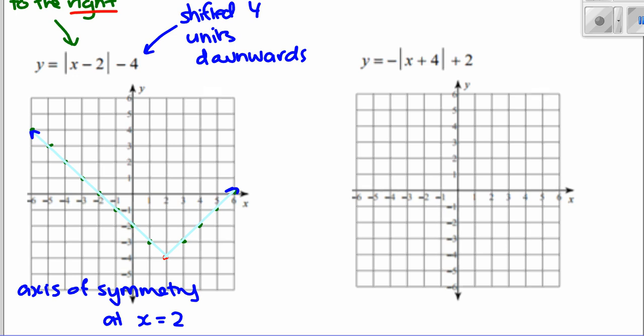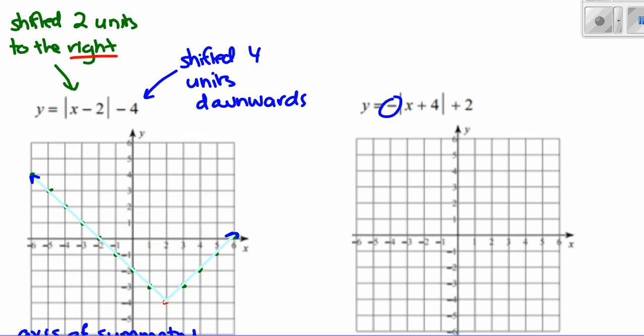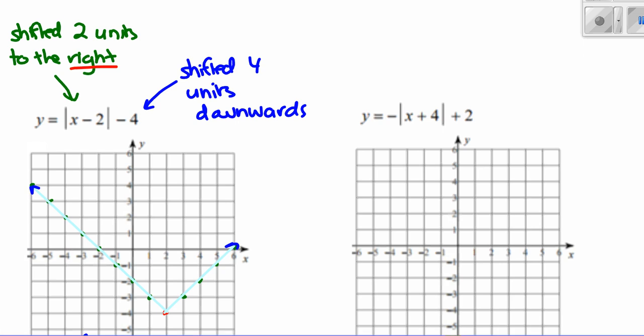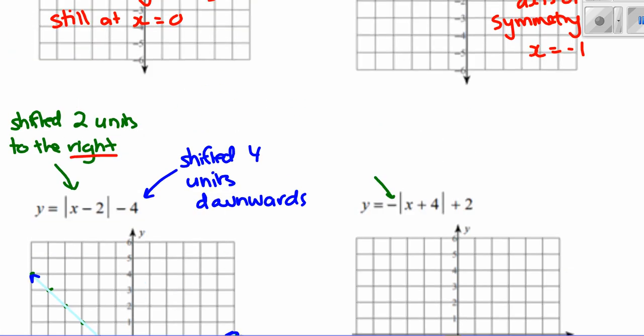If there's a negative at the front of the absolute value function sign, then it's going downwards instead. So it's kind of flipped. So we can say because of the negative, it's inverted. So flipped upside down.